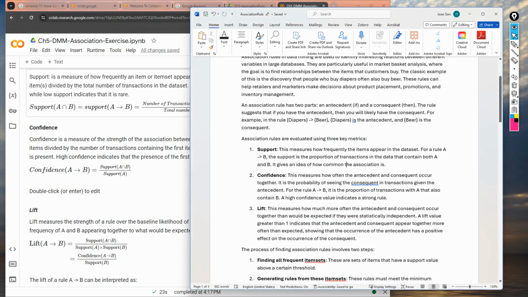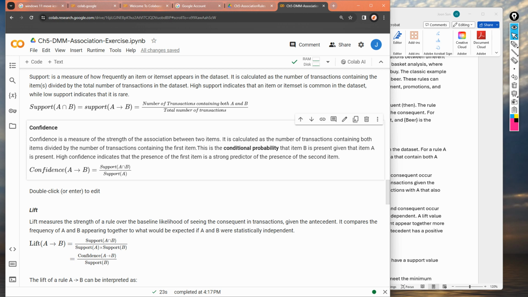Then confidence means how often the antecedent and consequent occur together, so this is a kind of conditional probability. If you look at the equation, it is support of A and B divided by support of A. Given that the antecedent A occurs, what is the likelihood that A and B occur together?